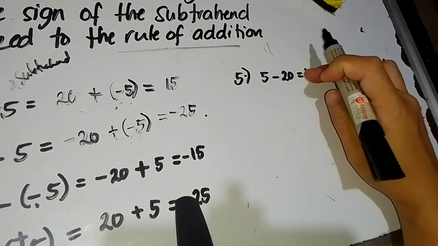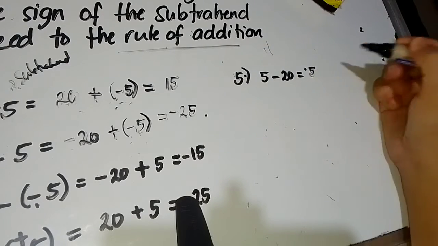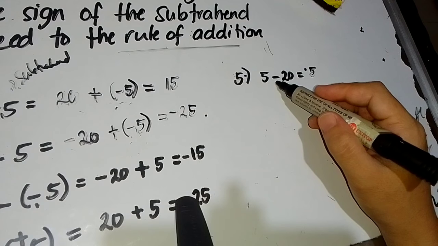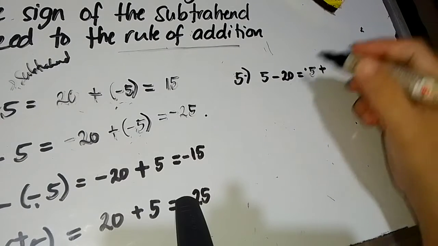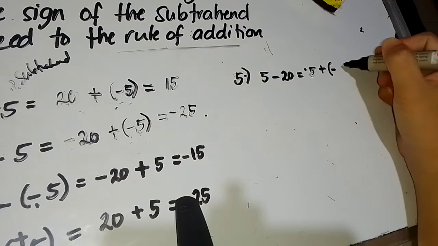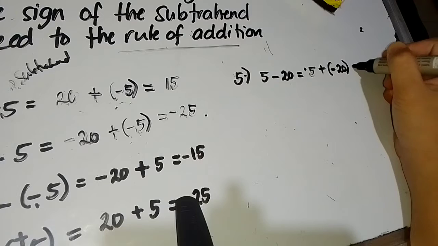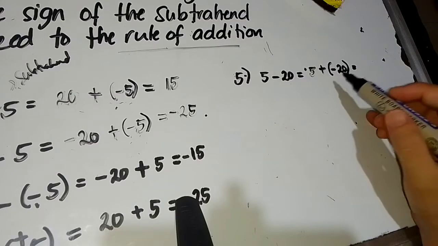The same process, the same procedure: copy 5, then your subtraction will become addition, and then your positive 20 will become negative 20. Proceed to the rule of addition of integers.